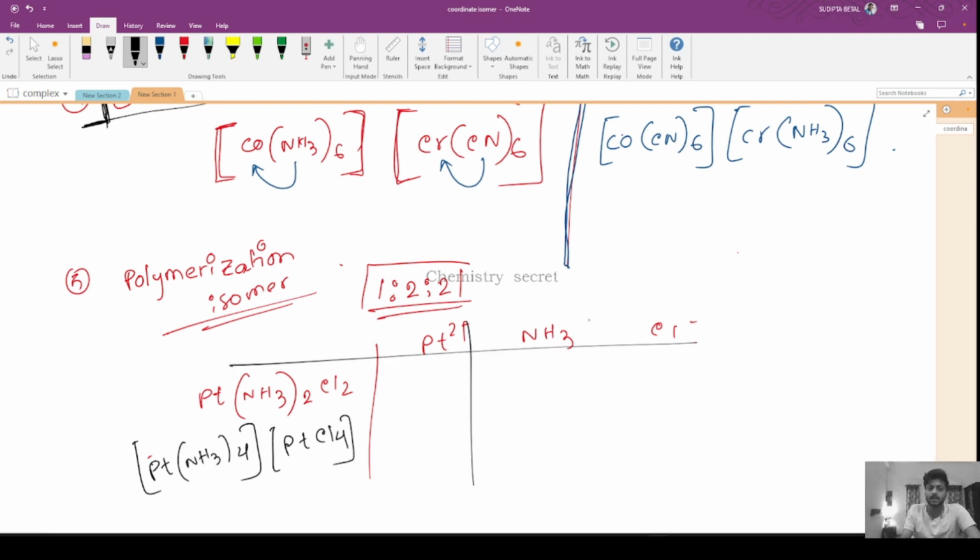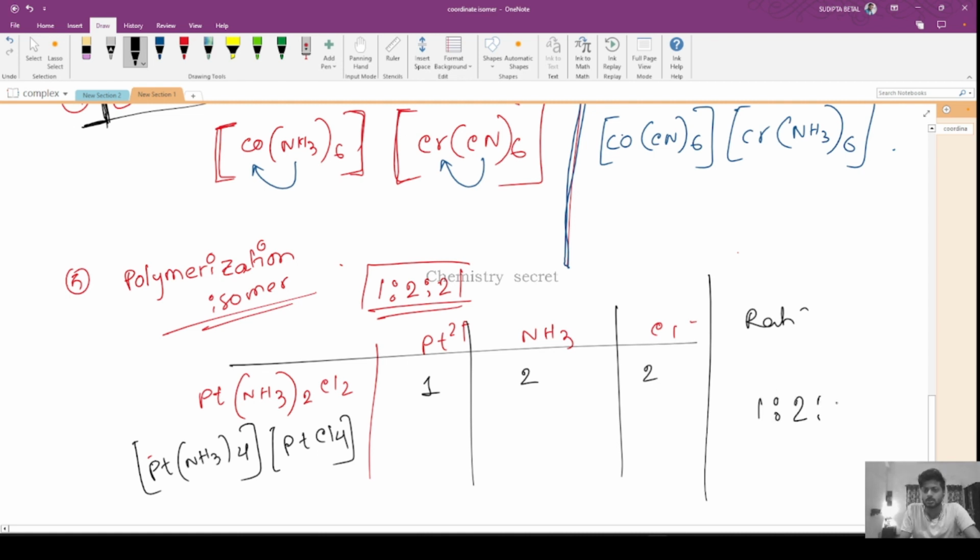Here the number of platinum is 1, ammonia 2, chlorine 2, so the ratio is 1 to 2 to 2, and here also platinum 2, ammonia 4, chlorine 4. So here also the ratio is the same. So what we said is that the ratio between metal and ligand will always be the same. These are examples of polymerization isomers. The empirical formula should be the same in every isomer.